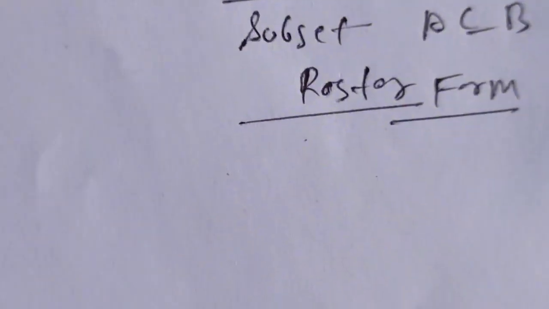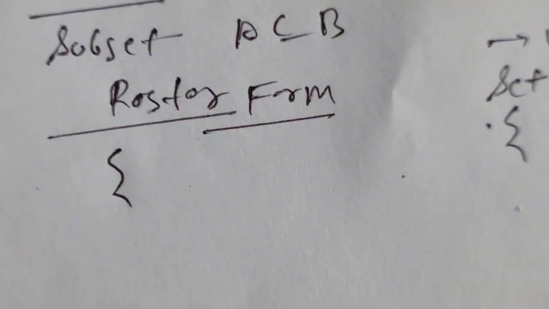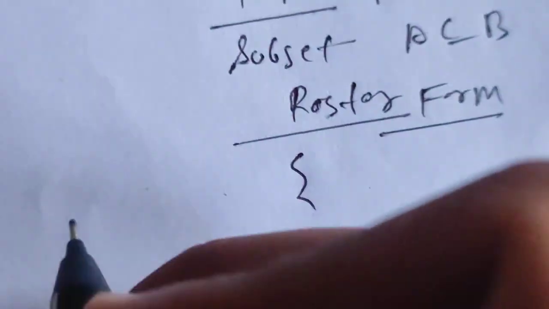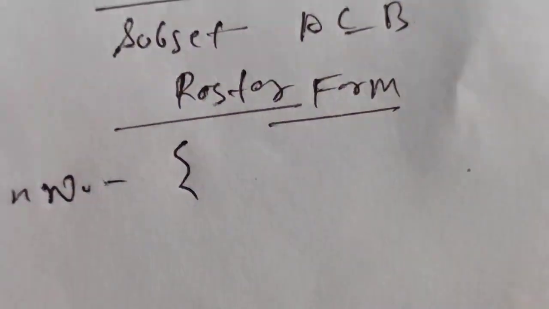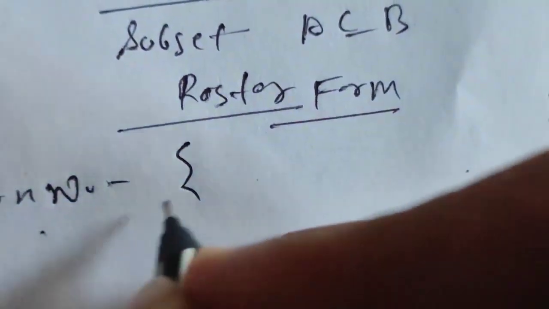One other thing: if we have infinitely many numbers, we also use n numbers, for example n natural numbers.